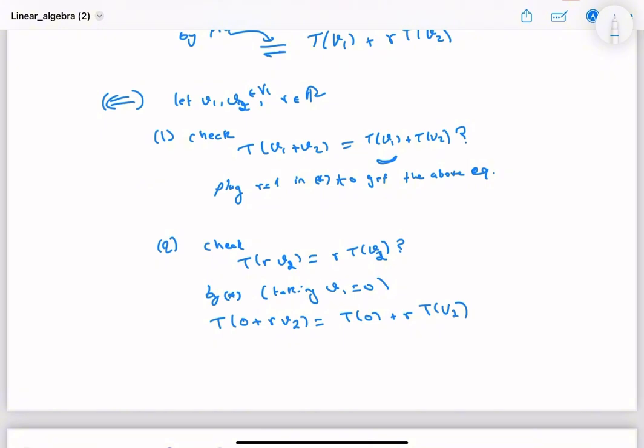Now this left hand side is equal to T of r v2. Why is that? Because 0 is the additive identity. Now on the right hand side, I claim that this is equal to 0 plus r T of v2.